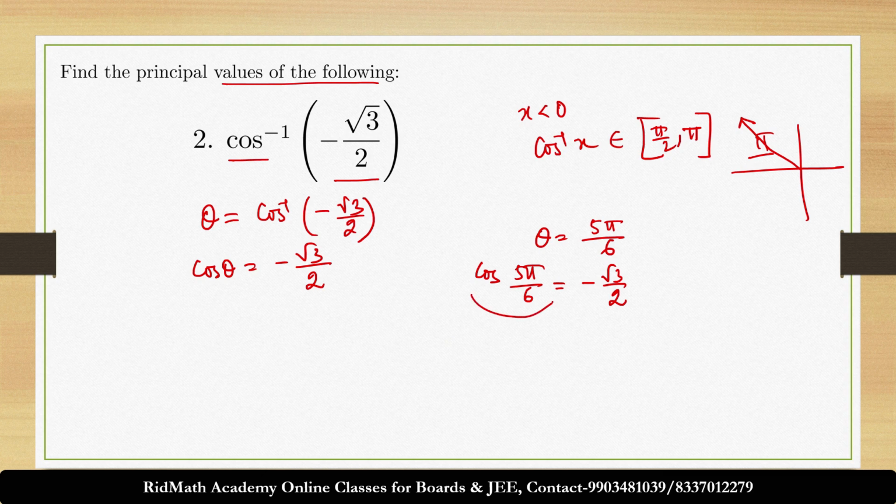So we can write this as cos of pi minus pi by 6, that would give me 5 pi by 6, and this is the even multiple of pi by 2, that means cos remains cos, it does not change, and pi minus pi by 6 means it is an angle from the second quadrant, and in the second quadrant cos is negative, so minus cos pi by 6, and cos pi by 6 is root 3 by 2, that means minus root 3 by 2.